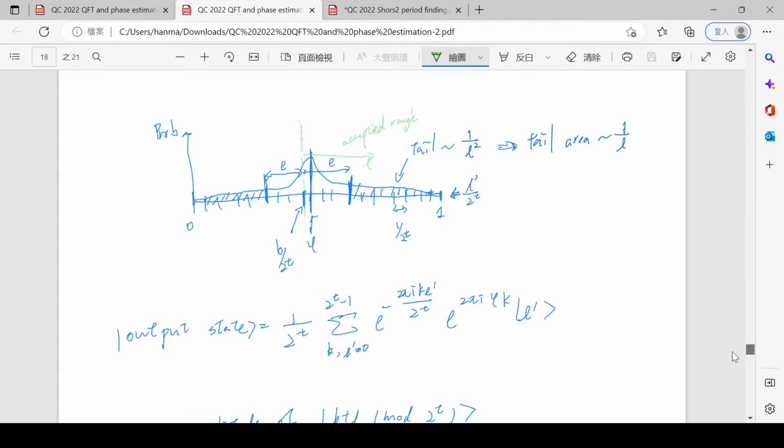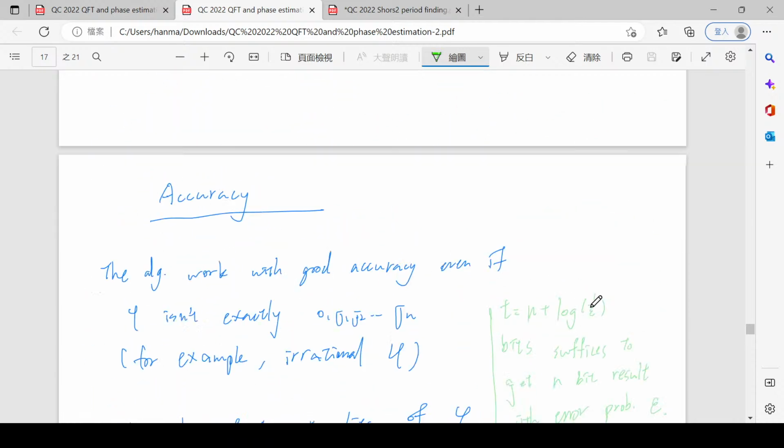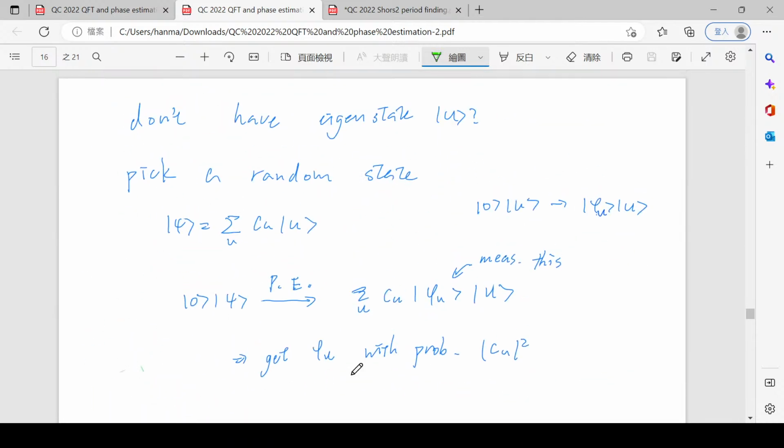So remember we have this thing. It's hard to find an actual eigenstate, so that's why we talk about this. If we don't use an actual eigenstate, and instead use a superposition of eigenstates, then we get a random phase result corresponding to that eigenstate with some probability.